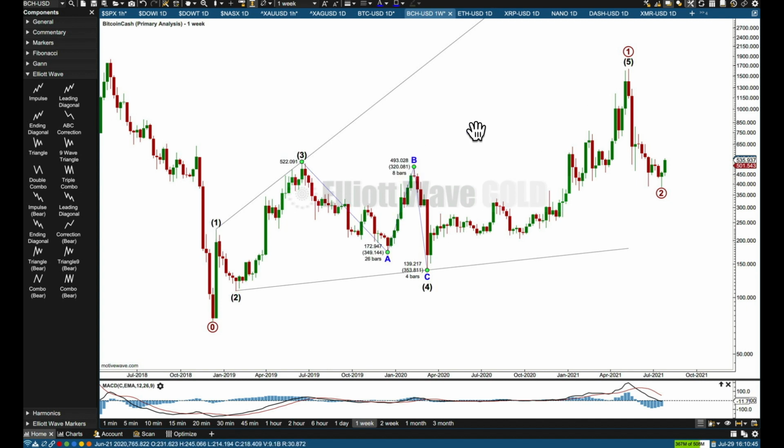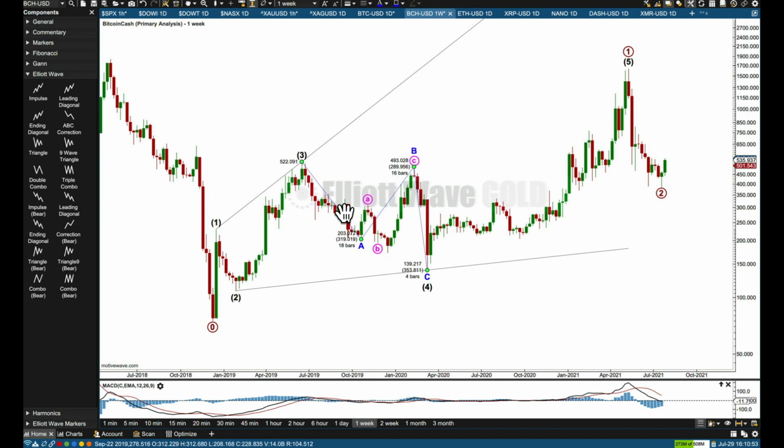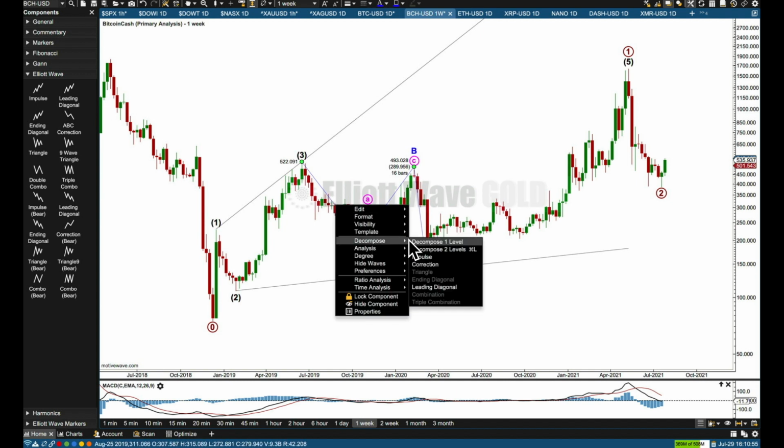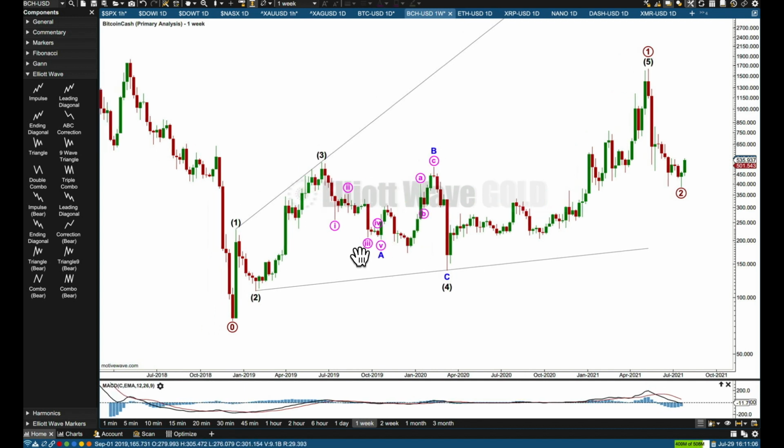Okay, B hasn't moved beyond the start of A, so that's valid, and I think I'm going to put A here and B. See, this is an expanded flat, and then A I think will fit nicely as a 5. No, not really. No, I think we want to see this over here like this. But that doesn't work. Okay.